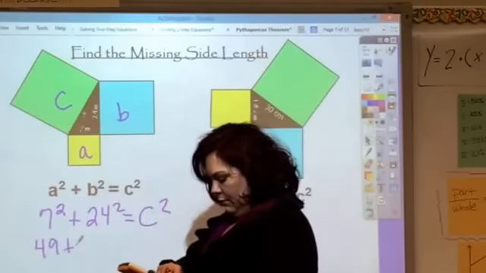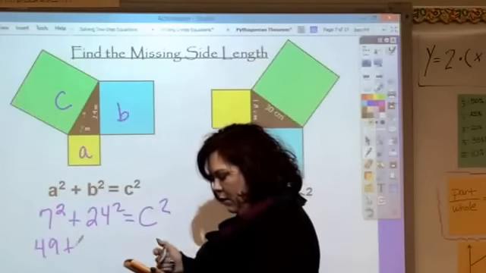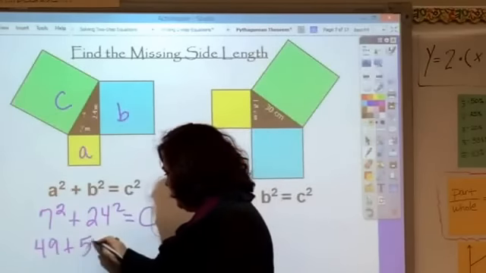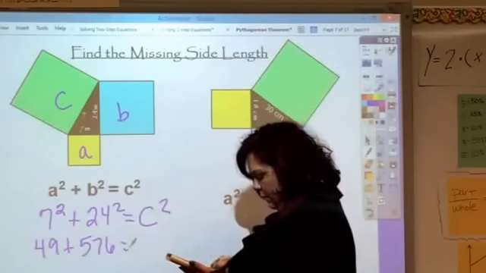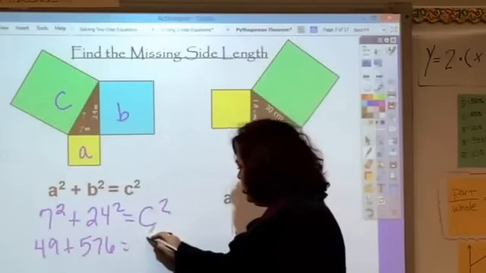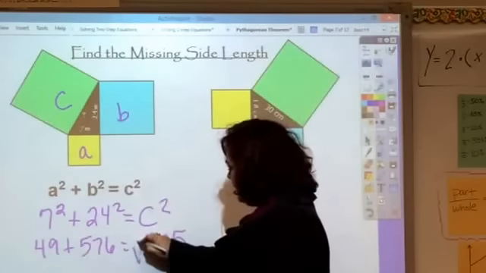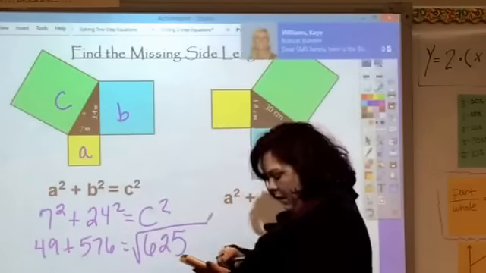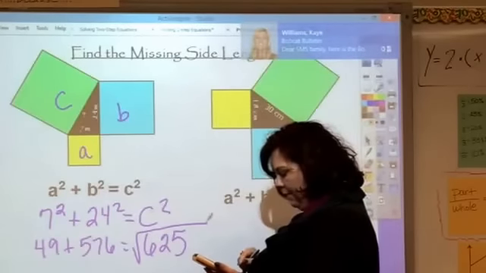24 times 24 is 576. I add that to 49, and I get 625. To find C, I take the square root of that. The square root of that should be 25, I believe.